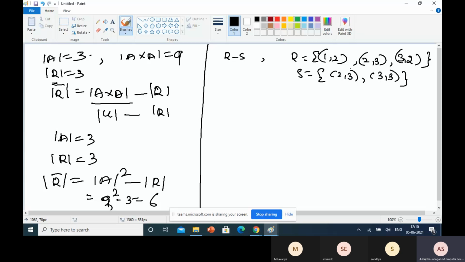Now R minus S equals what? Present in R, that means 1 comma 2 and 3 comma 2, but not in S.